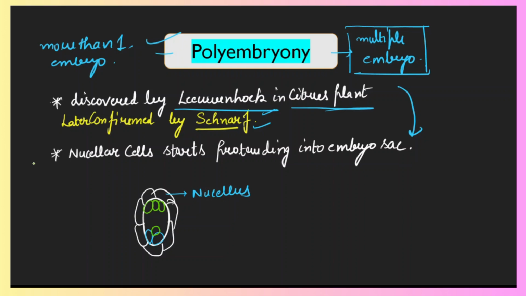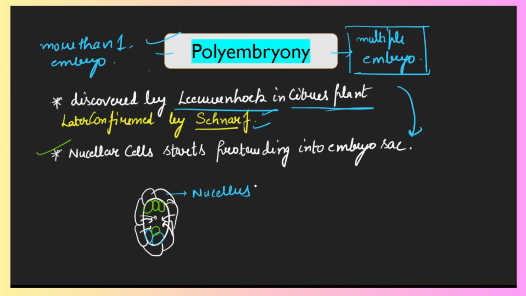So what happens in the polyembryony? In polyembryony, the nucellar cells sometimes start protruding into the embryo sac.